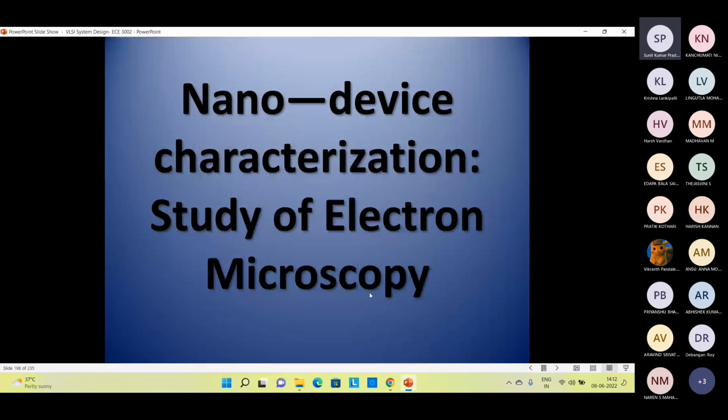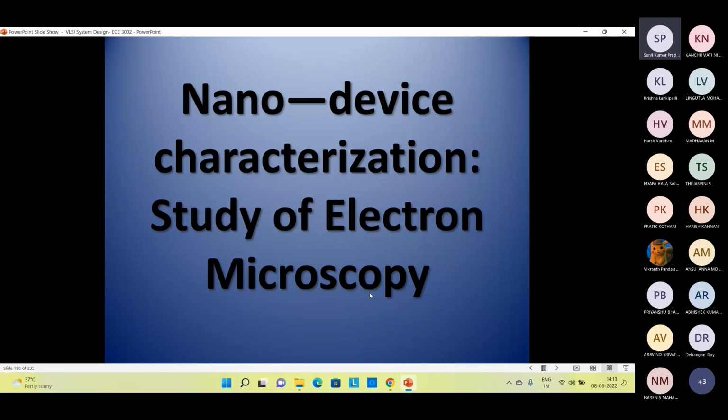And we have already discussed the device characterization part. Generally, we deal with electron microscopy analysis, so in these cases we are mostly focusing on electron microscopy. As I already discussed, the electron has very high energy, and because of that we can tune the wavelength, and as we can tune the wavelength, the resolution can be improved.